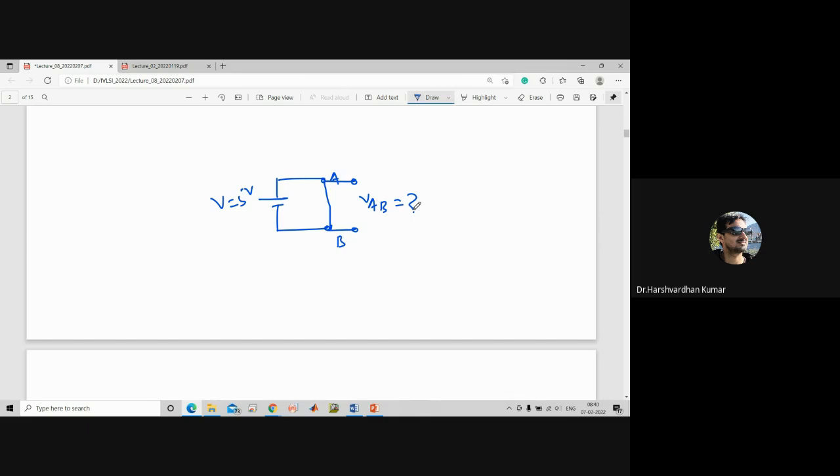It is 0, because for a short circuit the voltage drop is 0. Similarly, whenever you apply logic 1 in a CMOS configuration to the NMOS transistor, the channel acts like a wire, so you get logic 0 at the output.